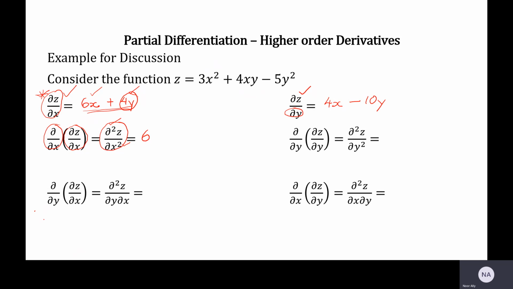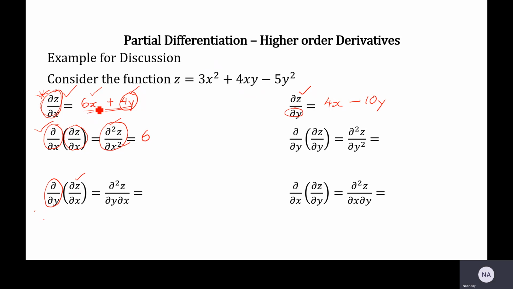Now, let's continue. I have dz dx. I differentiated it with respect to x. Now I want to take dz dx and differentiate it with respect to y. So I'm going to look at partial dz dx. It contains 6x plus 4y.